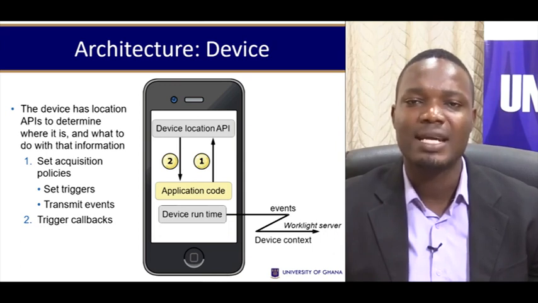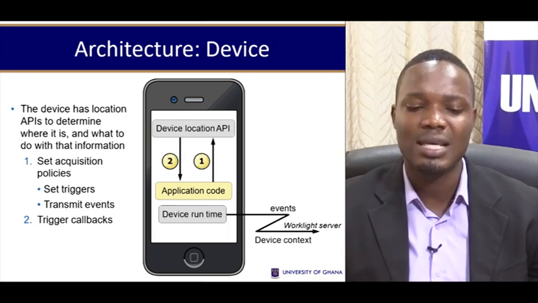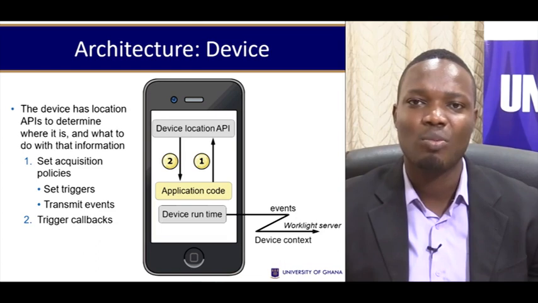And when we gain that information, we are able to set acquisition policies. These are pieces of code that help us achieve some particular aim. We are able to set triggers, transmit events, and trigger callbacks.